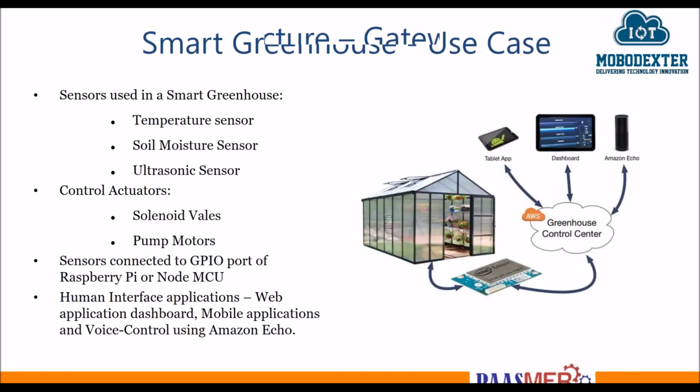In our scenario, we have taken the sensors and connected them via wires to a Raspberry Pi, or they can be connected to a NodeMCU or Adafruit also. And we have a human interface application, which is either a web UI or a mobile application, or it can be done using voice control with a voice command system like Amazon Echo.